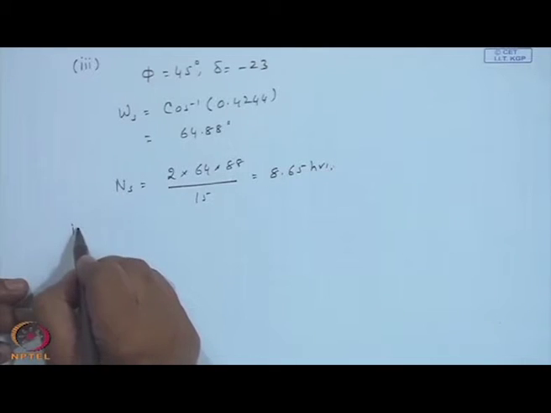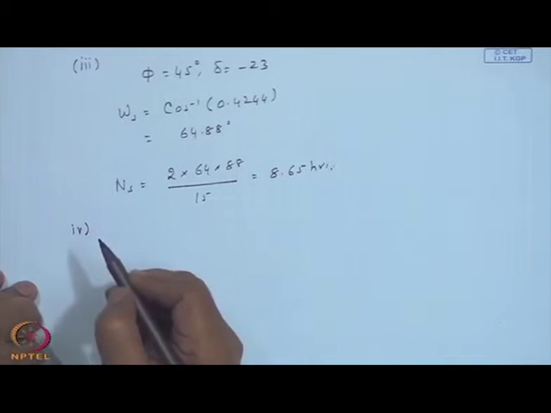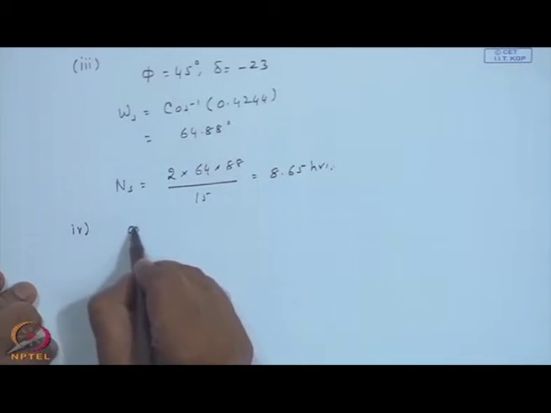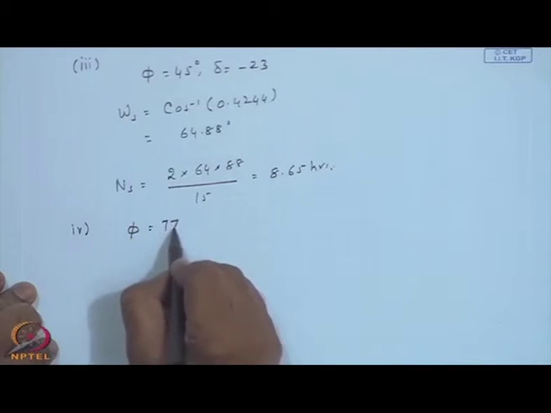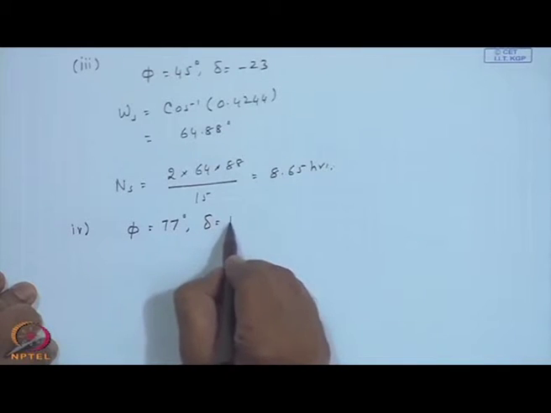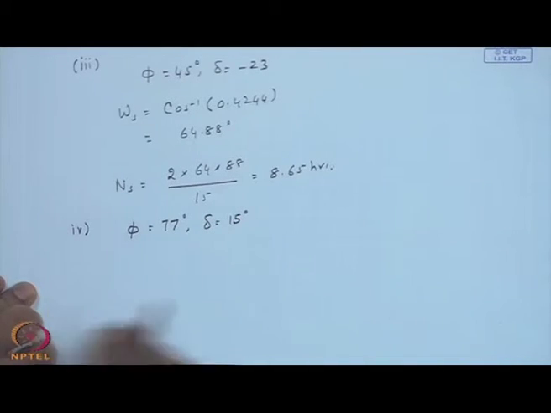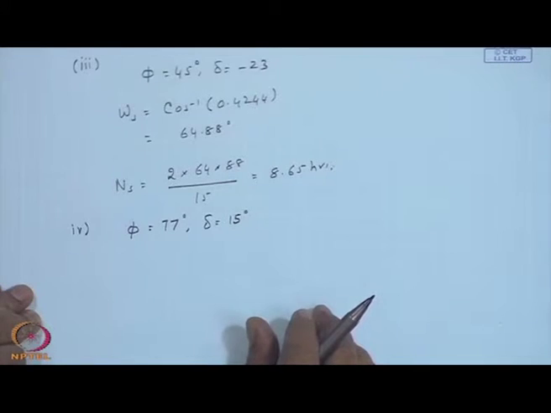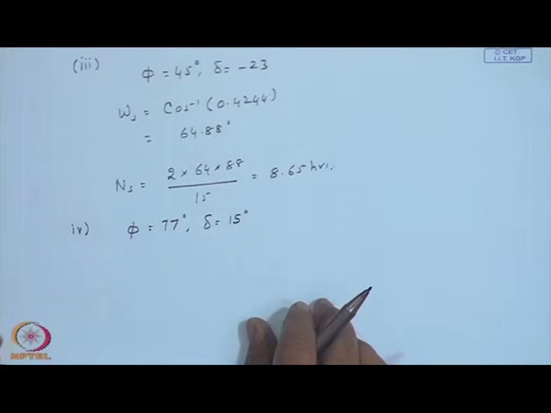So, case 4 deals with an extreme latitude of phi 77 degrees and declination 15. I have discussed in detail the cases where the latitude is more than 66.55 degrees.